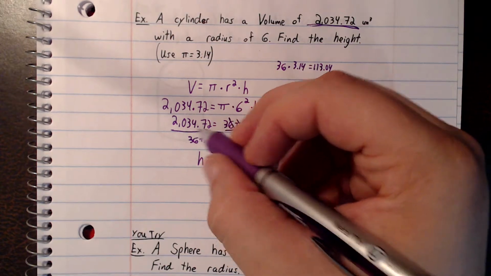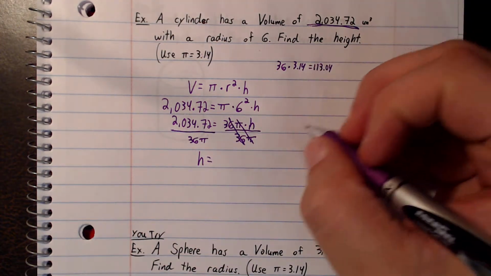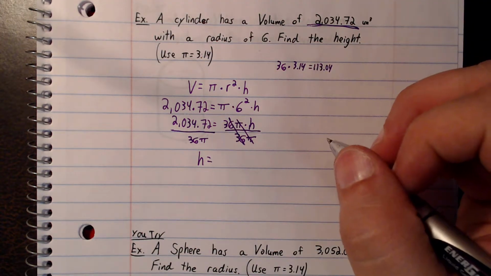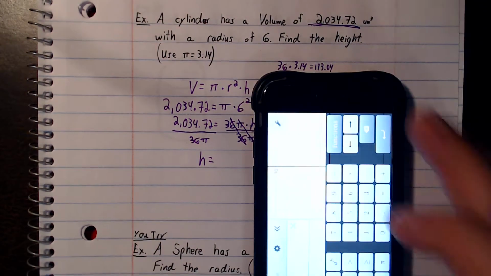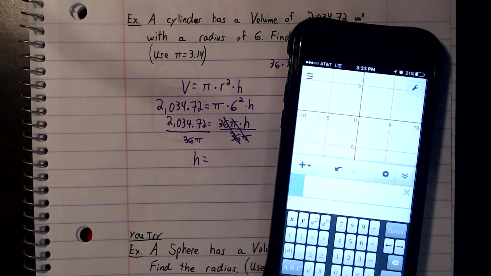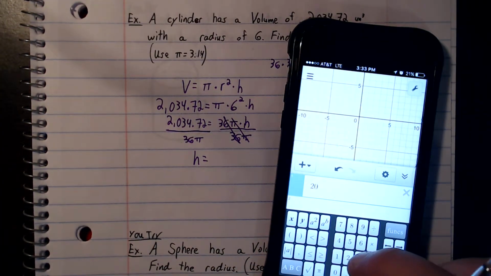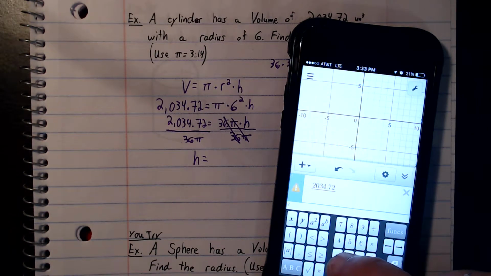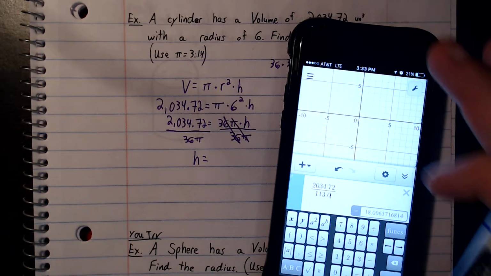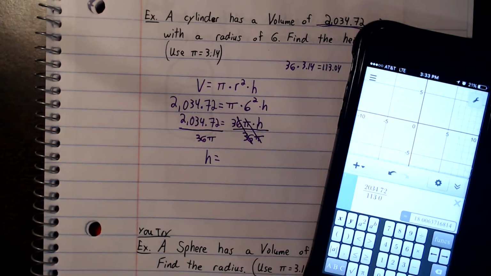So instead of using 36 pi, I need to type this in. So here's what I'm going to type in my calculator. 2034.27 divided by 113.04, and it comes out as 18.